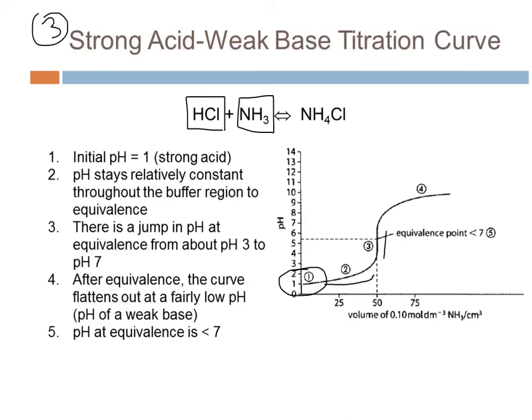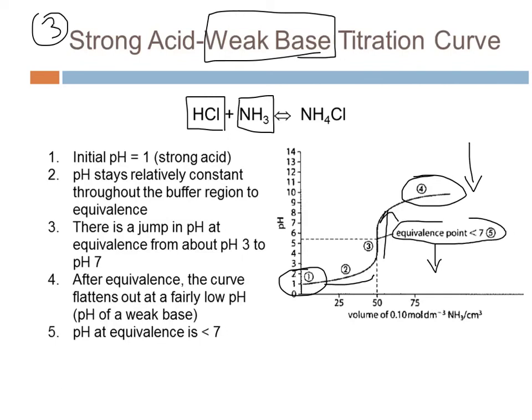There's a jump in the pH from about pH 3 to pH 7. And then after equivalence, the curve is going to flatten out. The pH will be lower because this is a weak base. The pH then, because it's a strong acid and weak base, is shifted down so that the equivalence point happens at a pH of less than 7.